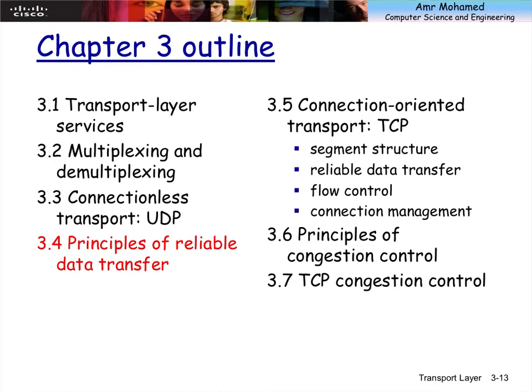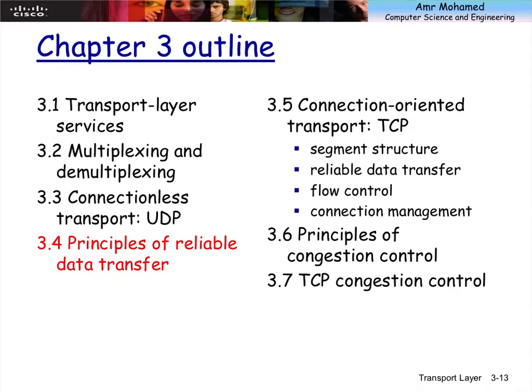So this is the light part of the lecture. The remaining part of the lecture we talk about reliable data transfer. For reliable data transfer we have different levels of reliability that we need to provide at the transport layer level. Here we're talking mainly about TCP. Almost forget about UDP because UDP does not provide any level of reliable data transfer.